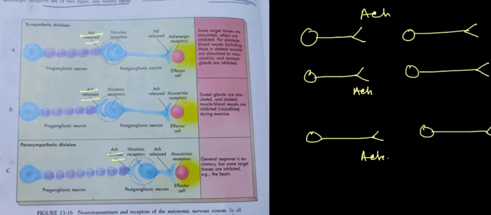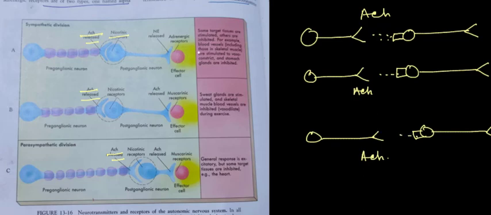Okay, and the acetylcholine receptors are the nicotinic receptors. So nicotinic receptors are present in all of these postganglionic neurons, and this nicotinic receptor is bound by this acetylcholine.